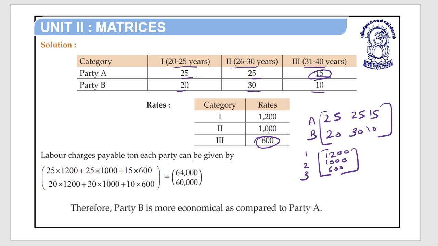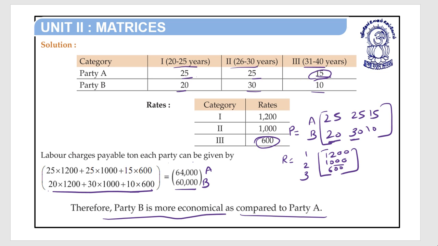So now take P into R. So we will get 20 into 1200 plus 30 into 1000 plus 10 into 600. So we will get 64,000 and 60,000. Therefore party B is more economical as compared to party A. This is for party A 64,000, party B is 60,000. So party B is more economical.